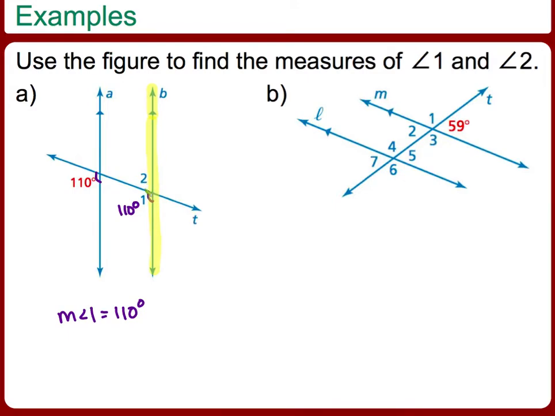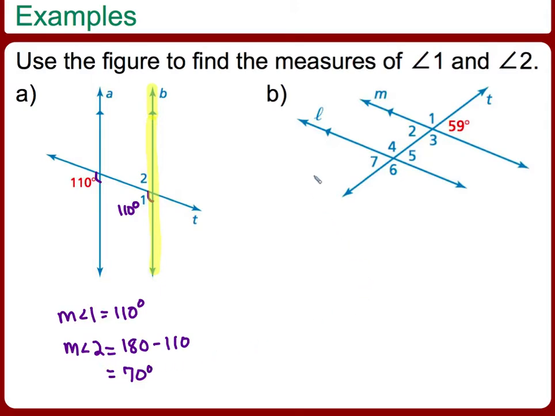So that means we have a supplementary angle. So measure of angle 2 is supplementary to measure of angle 1. So to find that, we subtract the measure of angle 1 from 180, and the measure of angle 2 is going to be equal to 70 degrees.